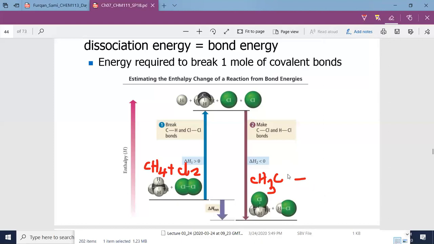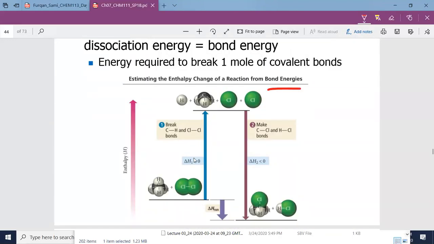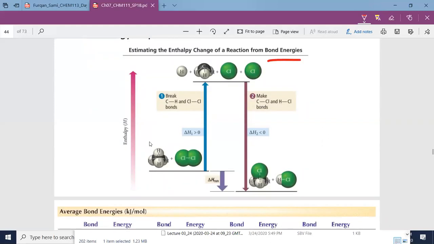It's important that when we are given the chemical equation or a reaction equation like this, we need to open it into the Lewis structure first, so we can look at what bonds are there, because we are talking about bond energy. Remember that when we talk about bond energy, we need to look at the bonds. When this is undergoing the reaction, all the bonds are going to break and then rearrangement will happen.